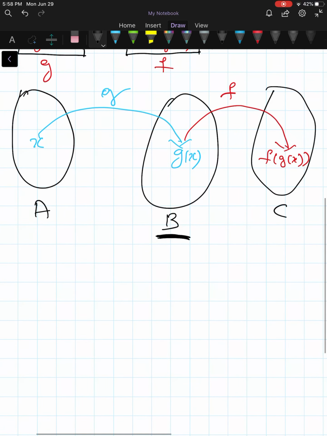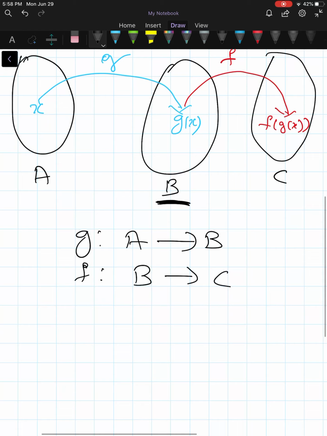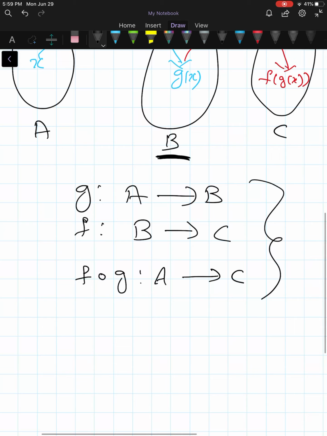So composition cannot be done for any functions. It can be done only if the functions are of this format, that is, g goes from A to B and f goes from B to C. Then f of g will go from A to C. Composition is possible only if functions follow this particular rule, that is, the codomain of g should be the domain of f.